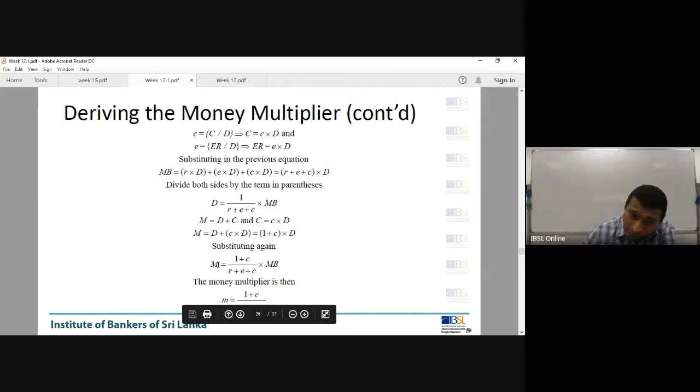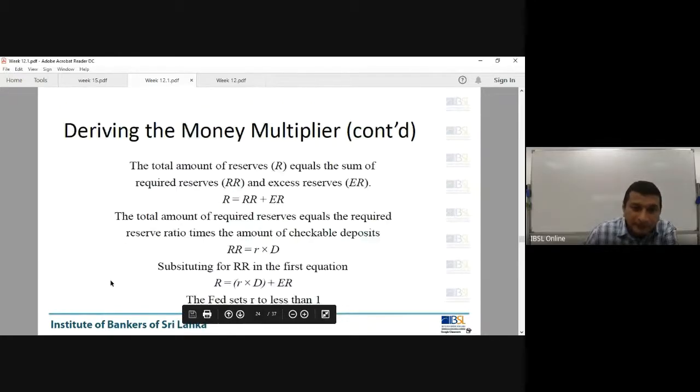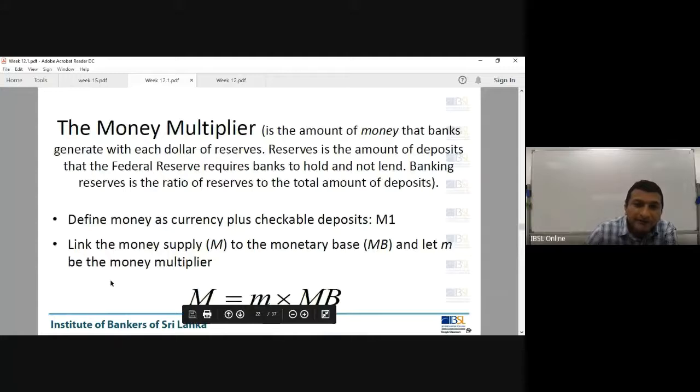So you refer to the slide that you were looking at, where we mentioned the so-called money supply M as multiplier times monetary base. Let me take you back to that slide. So you have now derived this small m, the money multiplier.